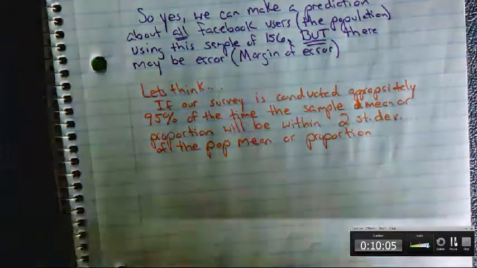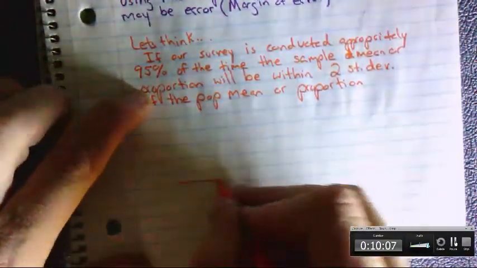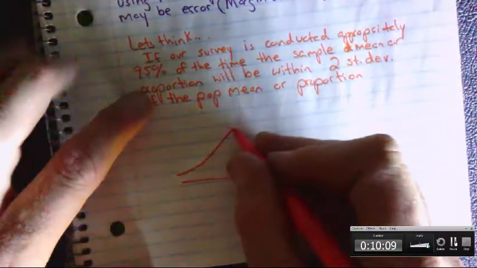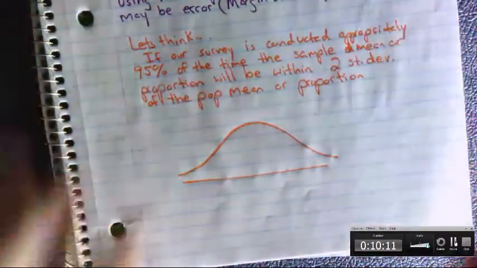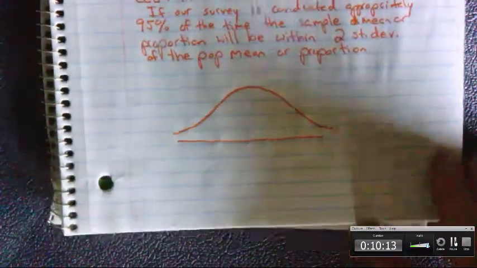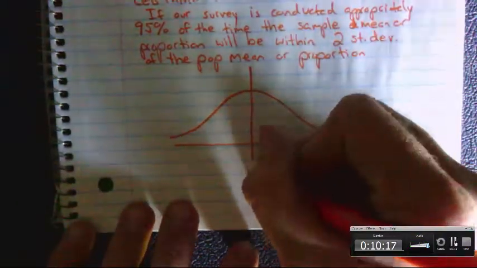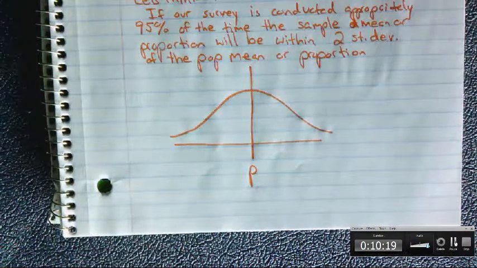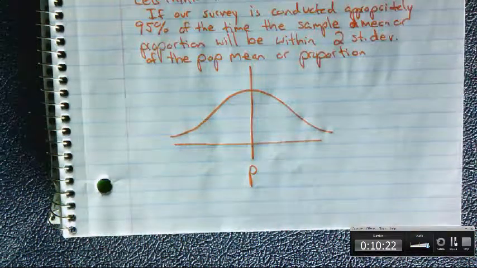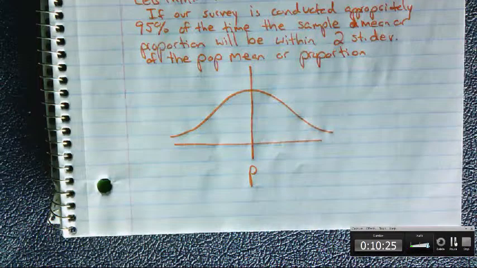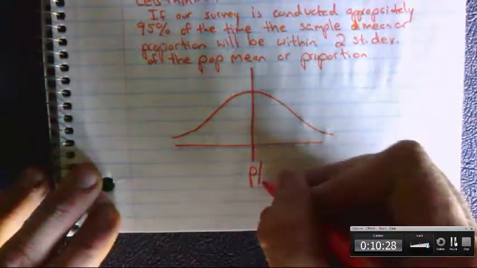Okay, so 95% of the time, theoretically, if we go ask a random sample, we should get P, the population proportion, or we should get mu.